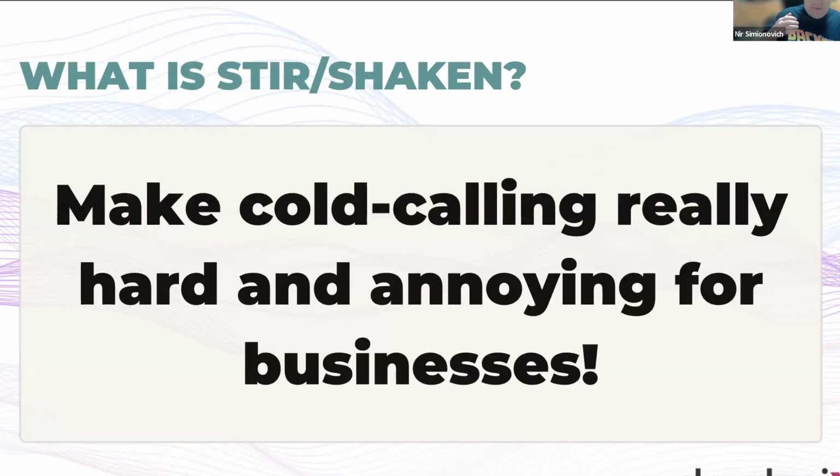And what does it actually intend to do? It intends to make cold calling really hard and annoying for businesses, because businesses that do a lot of outbound outreach, they do cold calling, and if you can't do cold calling in an efficient manner, then your business is very much stuck.